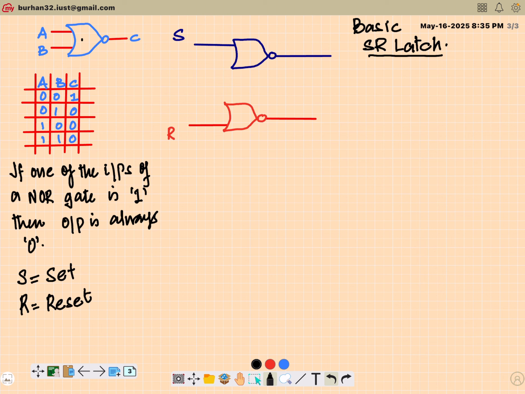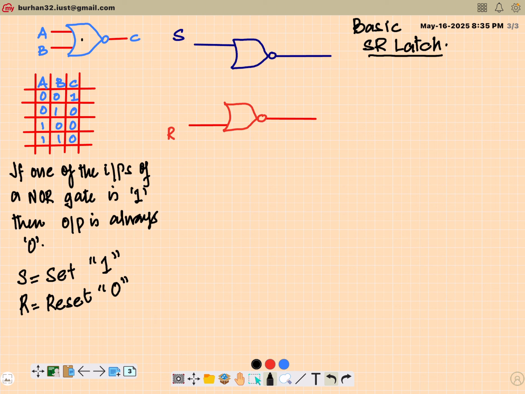This terminology will be clear soon when we actually go through the operation of this circuit, and you'll come to know why we call S set and why we call R reset. But for your record, set in digital logic means 1, and reset means 0.